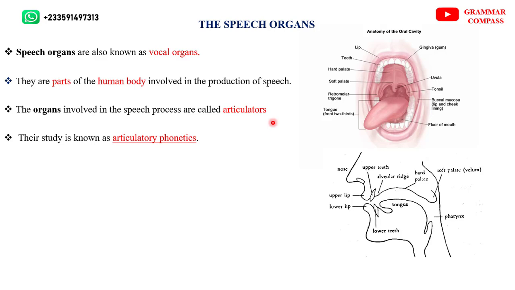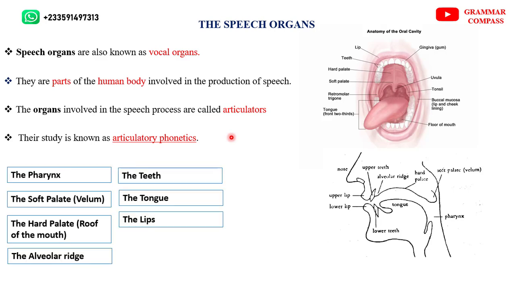If we study the production of speech by these speech organs, then we are doing articulatory phonetics. Do you know that we have many speech organs, just as you can see in this picture? But there are 7 main speech organs that are actively involved whenever we want to produce a speech sound.